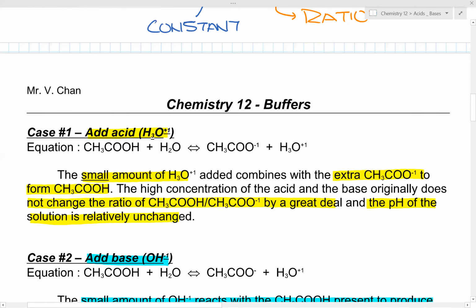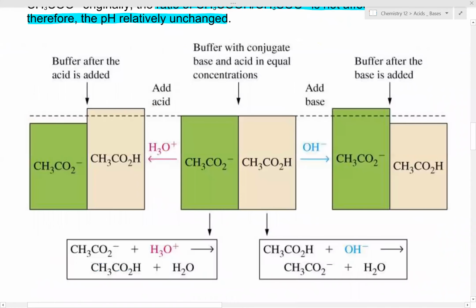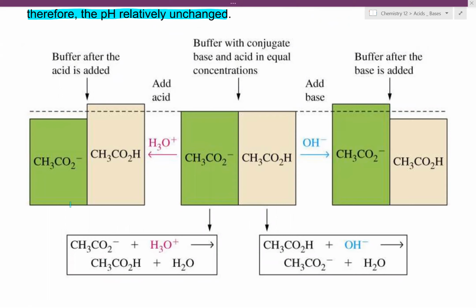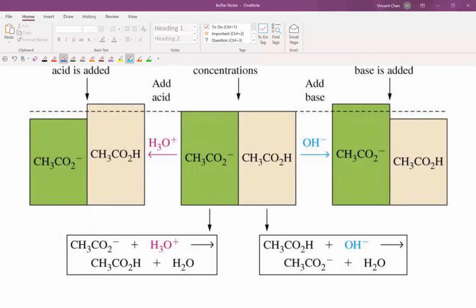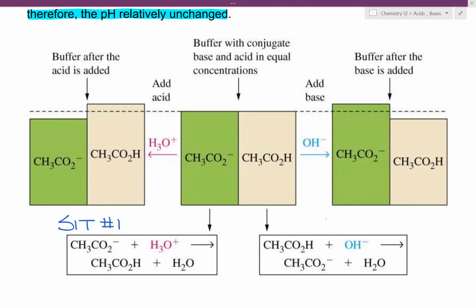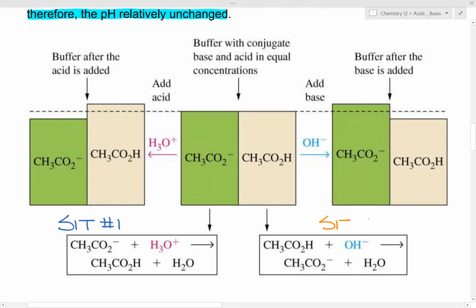Now, down here, what it is showing you graphically is what it would look like if you added an acid or a base. So this would be situation number 1, where you add an acid. And here on the right-hand side, you have situation number 2, where you add a base.